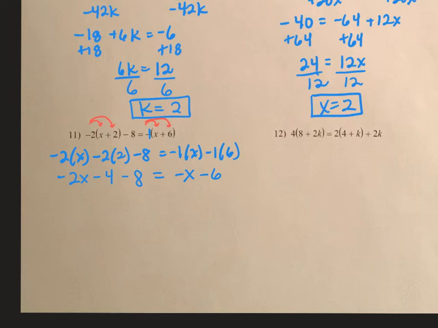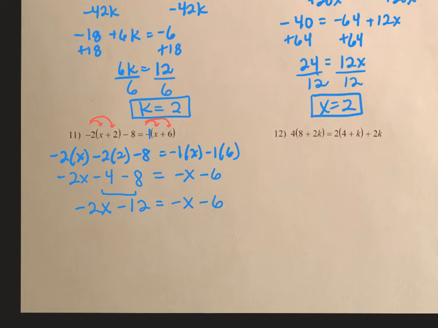Okay, now my next step is to combine like terms. On the left side, I can combine my negative 4 and my negative 8. So I've got negative 2x, and negative 4 minus 8 is negative 12. That equals negative x minus 6. My next step is to move my smallest variable.